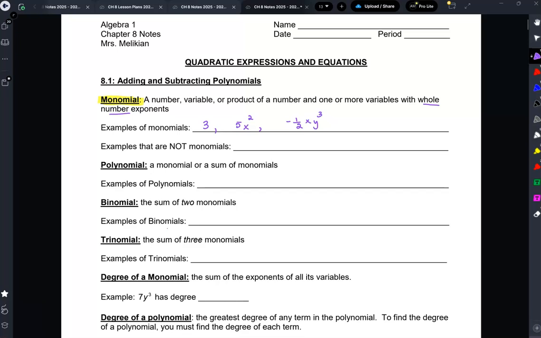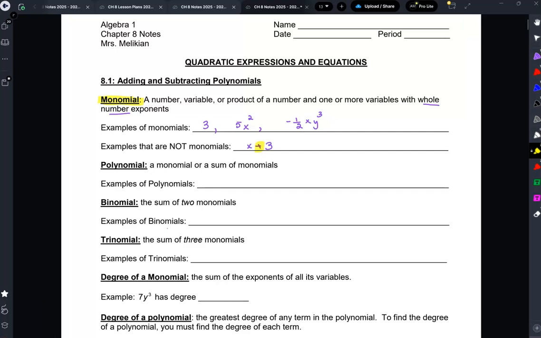And notice, even though there is a negative sign, you don't have two things being added or multiplied to each other. So what is not a monomial? If I have x plus 3, this is not a monomial because in between the two things, I have a plus sign.